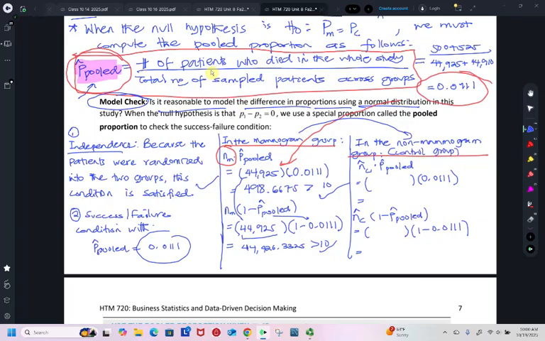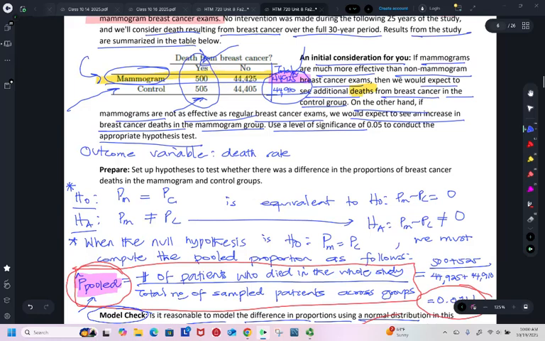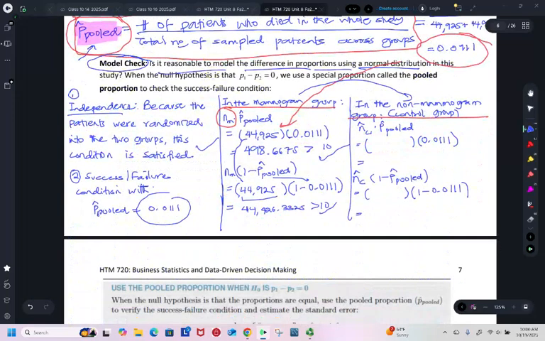And we look at the number in that subsample, that is 44,910. So you have 44,910 multiplied by the pooled proportion. You have 498.501, also greater than 10. And similarly, we have 44,910, the number in the control group, multiplied by 1 minus the pooled proportion.